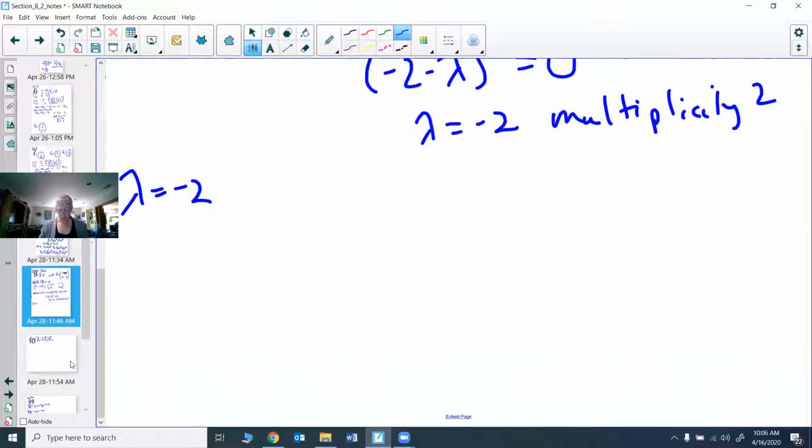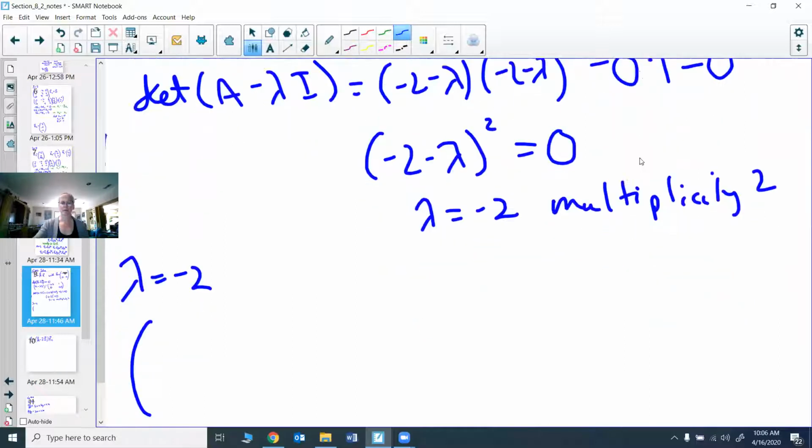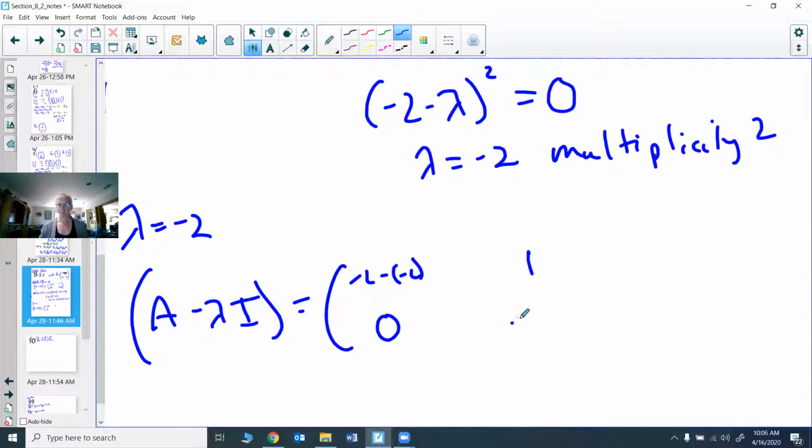And again, what we do is we take that and subtract it off the diagonal. So if we go back to our equation here, we have negative 2 minus lambda, 1, 0, negative 2 minus lambda. That's my A. And so A minus lambda I would be negative 2 minus a negative 2, 1, 0, negative 2 minus a negative 2.